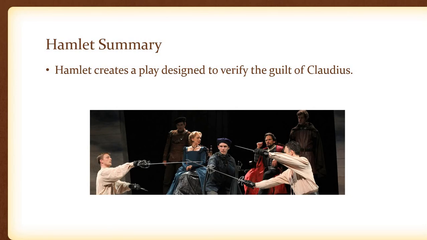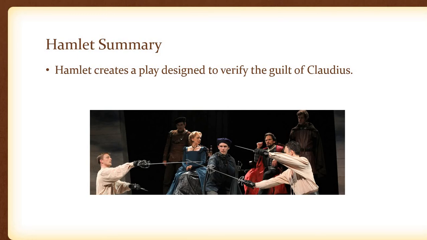And the idea is that when Claudius sees this play, and by surprise sees exactly the method in which he killed King Hamlet, that he would get shocked and surprised. And so really Hamlet wanted to verify the fact that Claudius killed his father by seeing Claudius's reaction to that play. And so of course he designs the play.